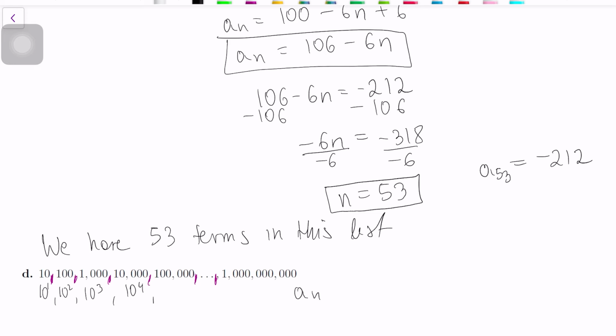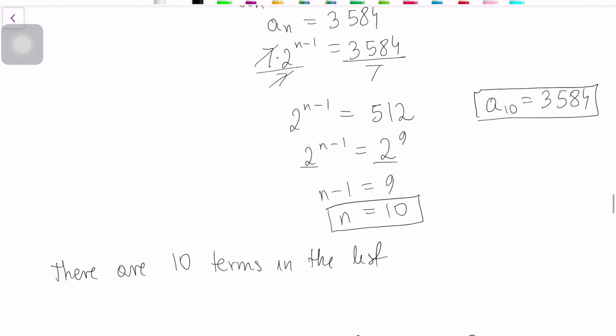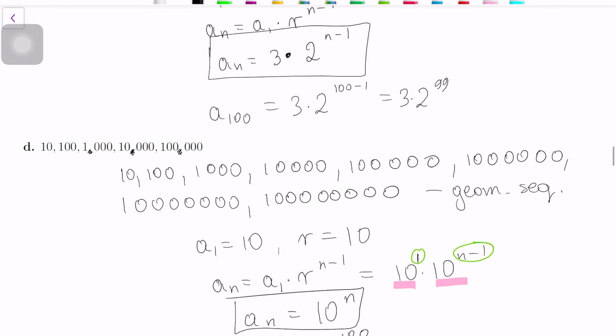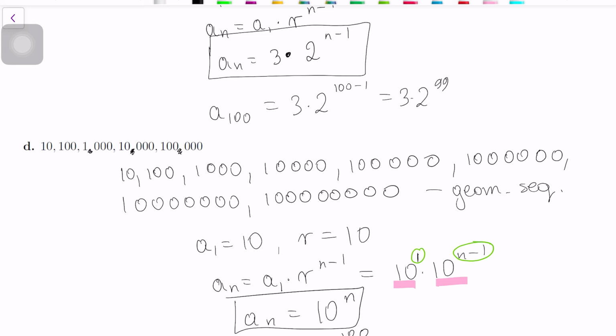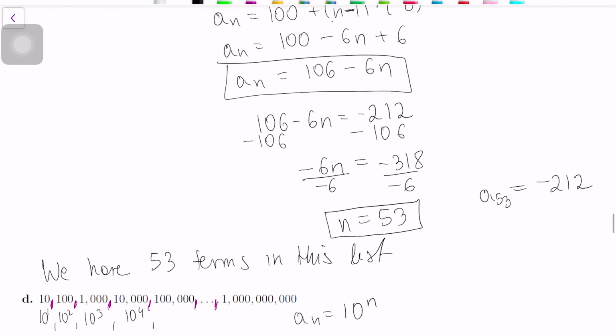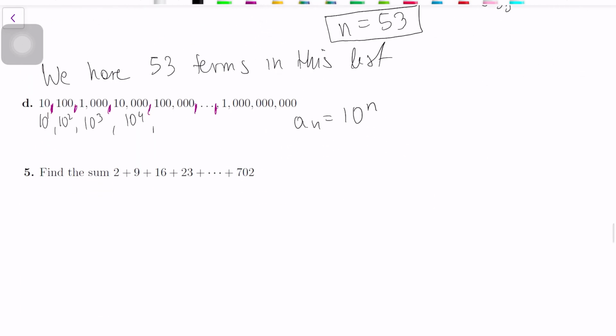So an formula was 10 to the power n. Remember, we came up with this formula here in part D. We did that by just looking at what's A1 and what's r, but some could also notice a pattern without even knowing the formula for geometric sequence in this case.